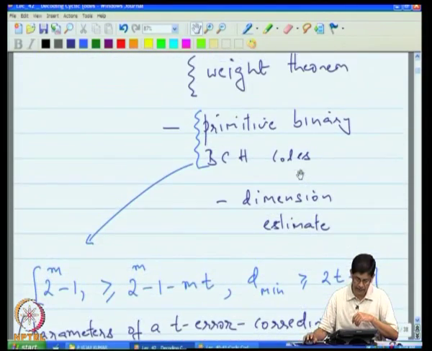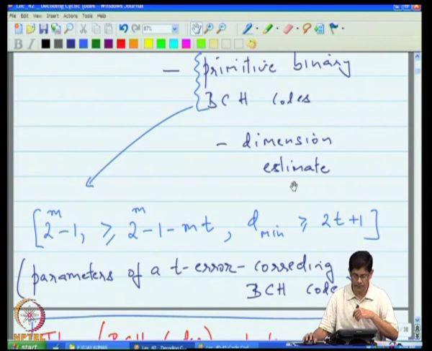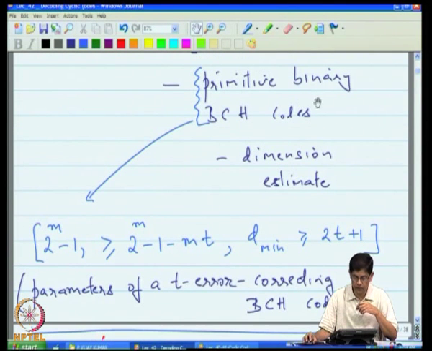So anyway, coming back here, towards the end what we did was we looked at a particular example of BCH codes. In what way was it particular? Well, it was particular in two respects. First of all, it was binary, because in general BCH codes could also be non-binary, and the second aspect was that the codes were primitive. That means the length is of the form 2 to the m minus 1.